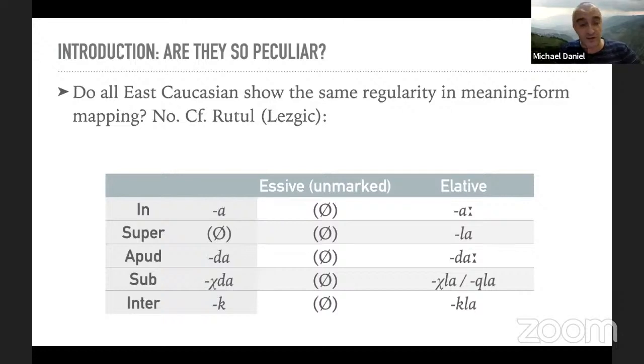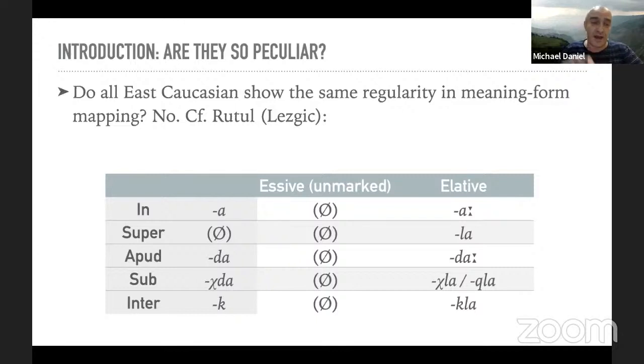But it doesn't work for the second line from the bottom, for the sub, because if you take away the la suffix, you're left with kh or k. That's a variation, and it's not the same form which is used for the essive, so it does not correspond to the localization marker itself.